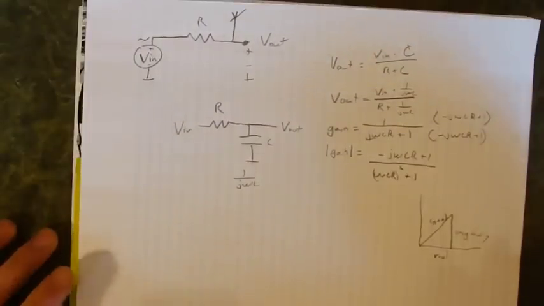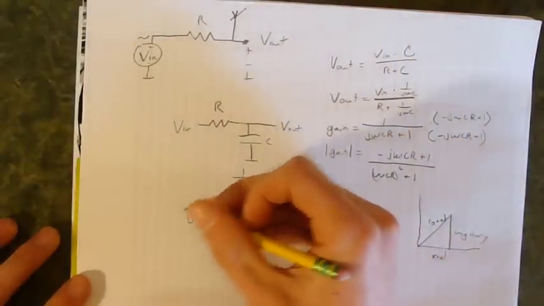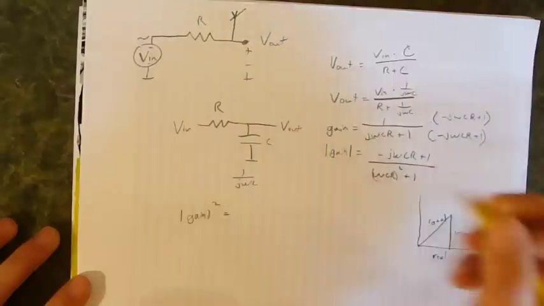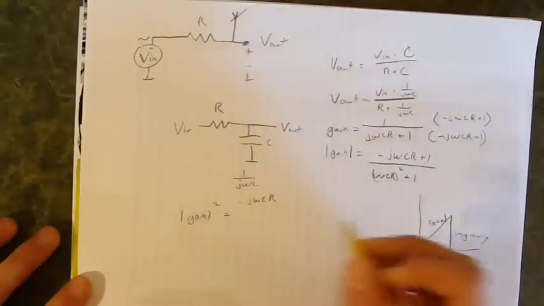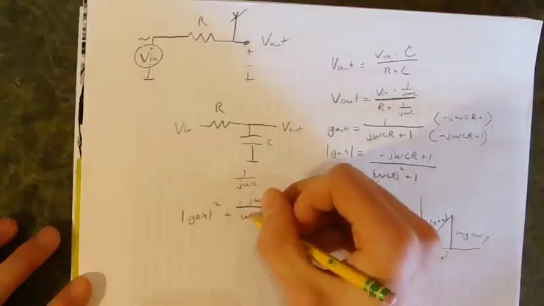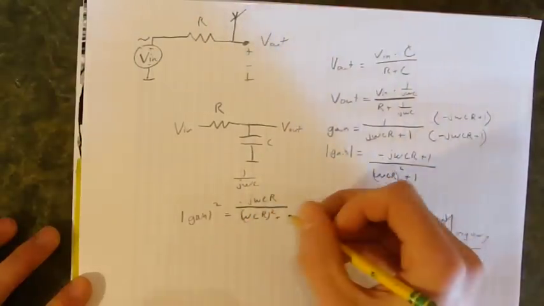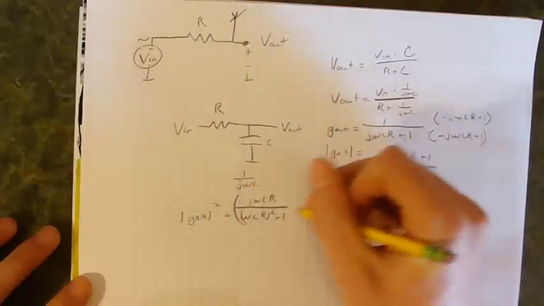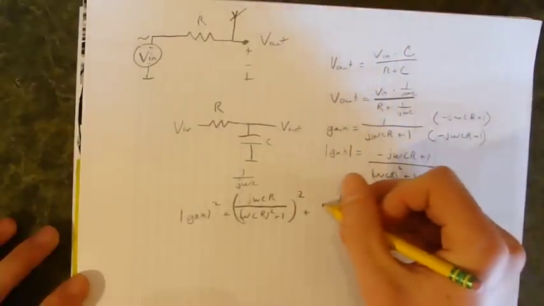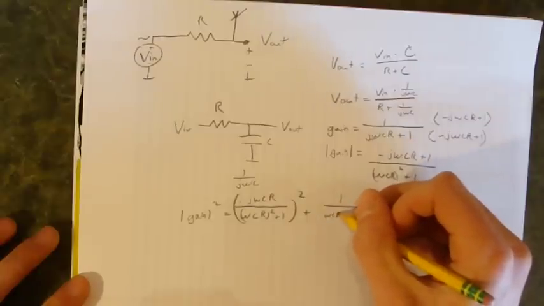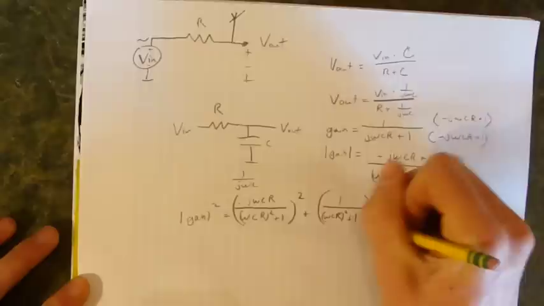So, using the Pythagorean theorem, we can calculate the gain: gain squared equals negative j omega CR over (omega CR) squared plus 1, squared, plus 1 over (omega CR) squared plus 1, squared.